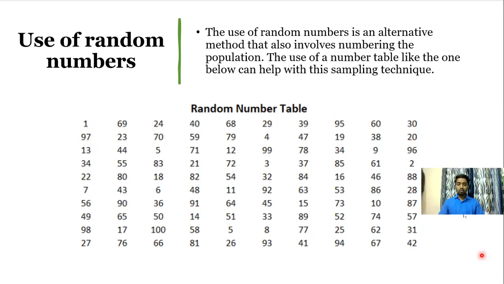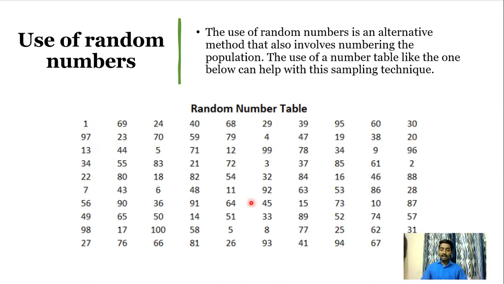We are going to choose the numbers randomly and assign them to the entire population. Let us take an example. We are going to conduct research on 100 people, and we need a sample size of 10%, that is 10 people.